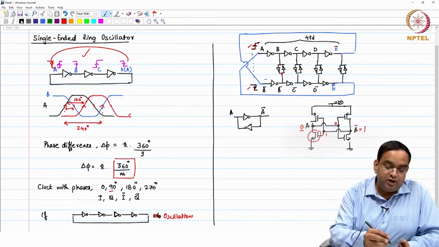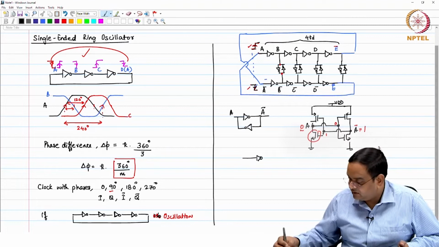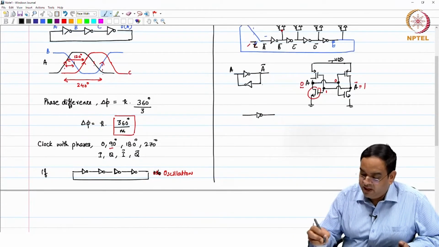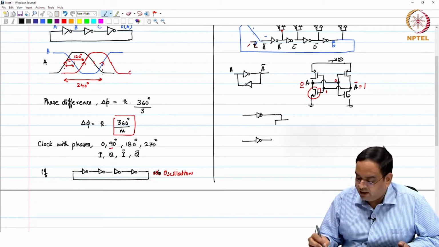So, if you think about it, if I take this, right, the main inverter which you have, and then I have a cross coupled inverter connected in between. Okay.